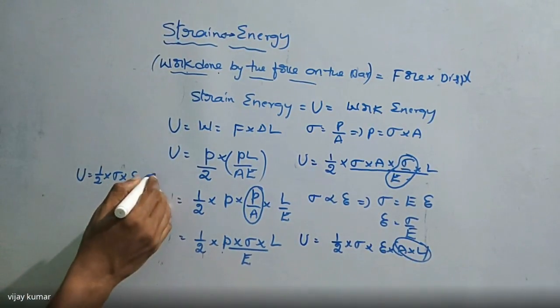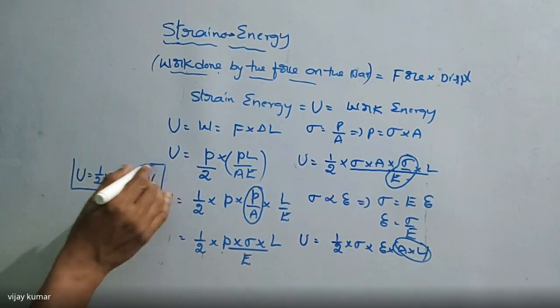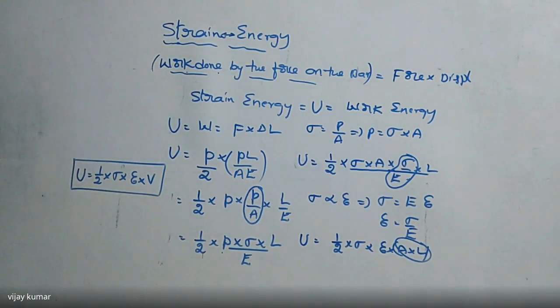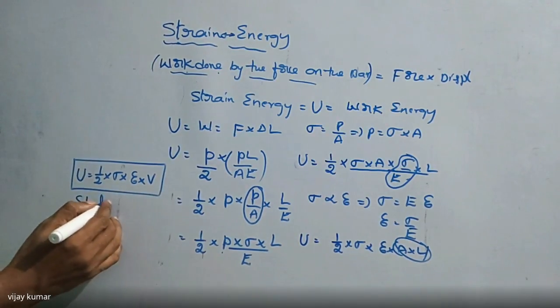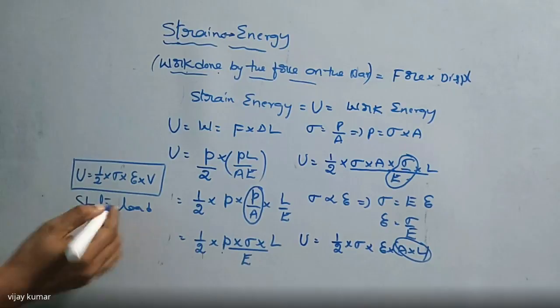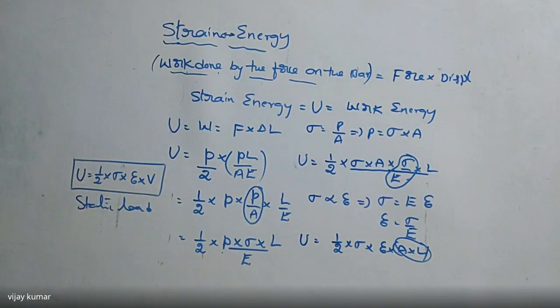This value is nothing but volume. So this is the value of strain energy under gradually applied load, or it is also named as under static load. Under static load, or gradually applied load. Did you get my point or not?